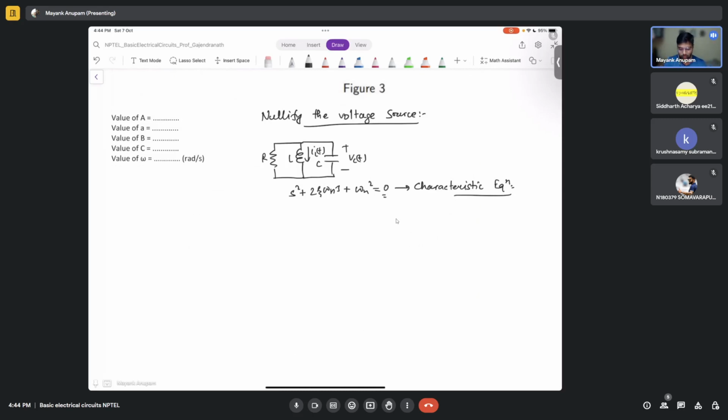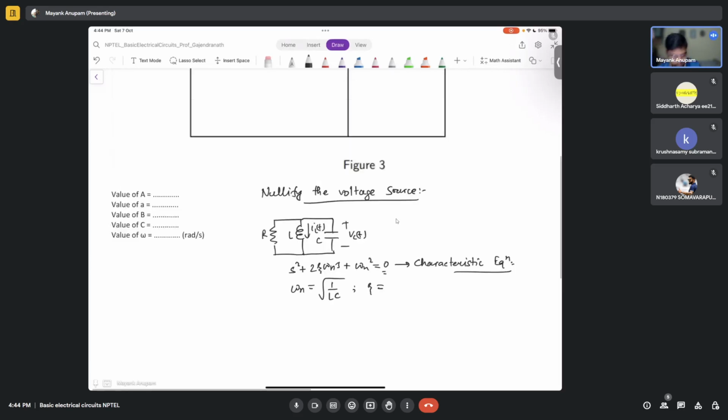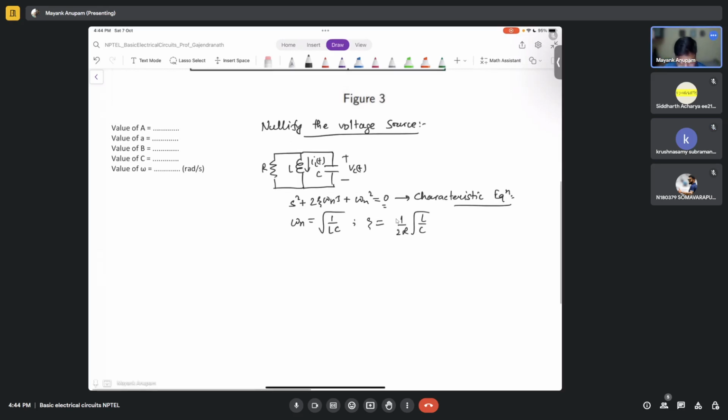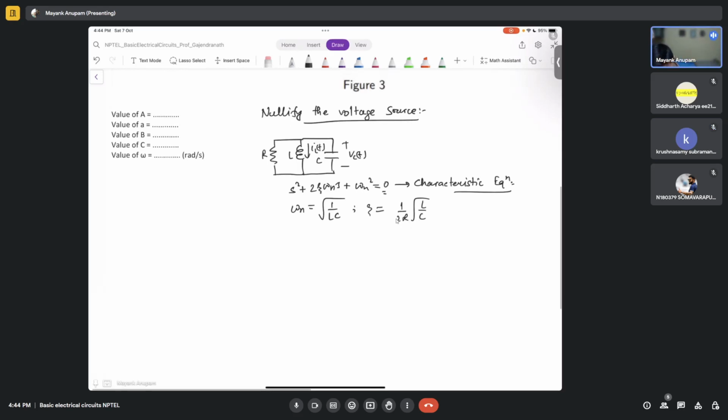So tell me again, what will be the value of omega n square? Omega n is 1 over root LC, right? And what is zeta? 1 by 2R square root of L by C, correct? We already saw that earlier also.